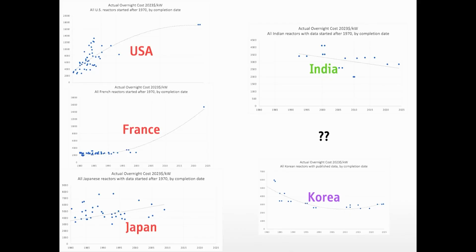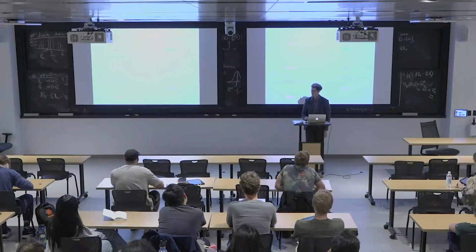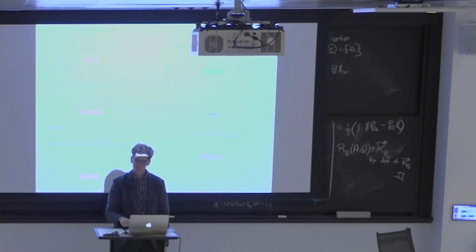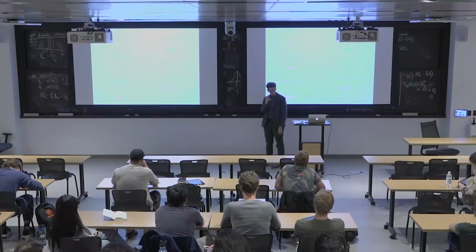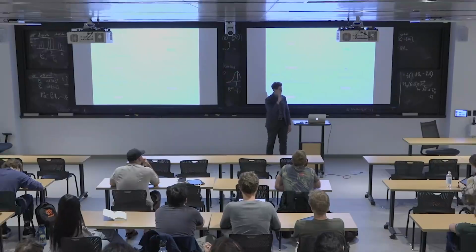Because their reactors got bigger, dramatically bigger, and so their cost per unit electricity came down, and the times to build those reactors got longer because the reactors got bigger. That turns out to be the answer, right? And that fact wasn't obvious from these data, which is an important point.